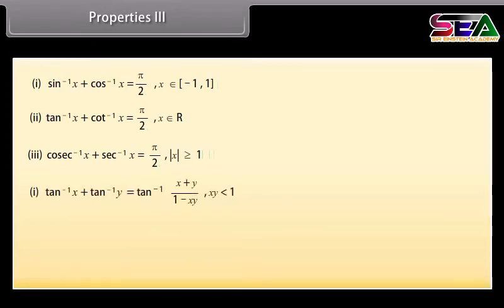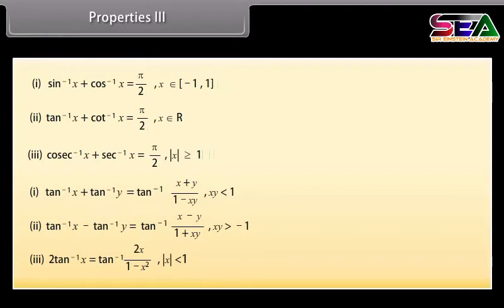Tan inverse x plus tan inverse y is equal to tan inverse x plus y by 1 minus xy, xy is less than 1. Tan inverse x minus tan inverse y is equal to tan inverse x minus y by 1 plus xy, xy is greater than minus 1.